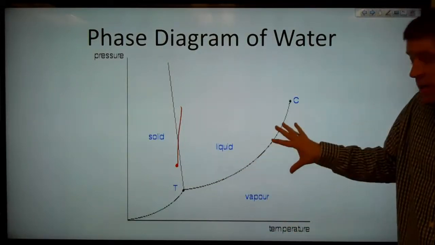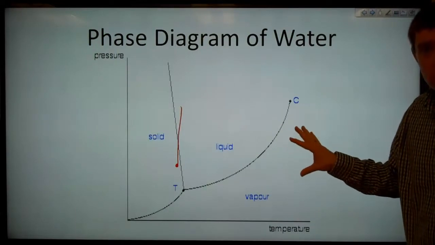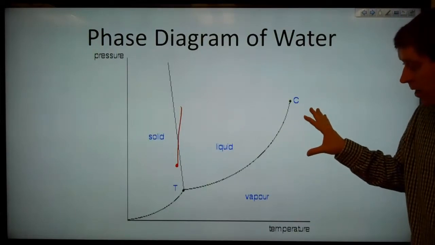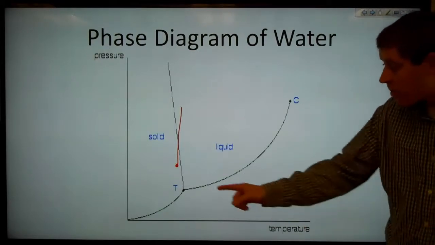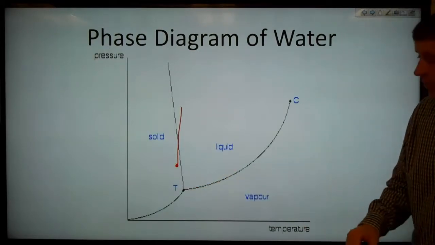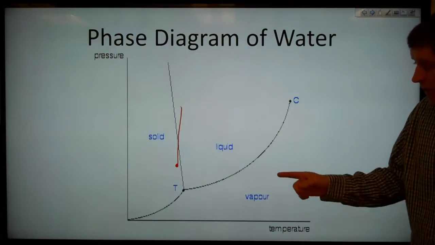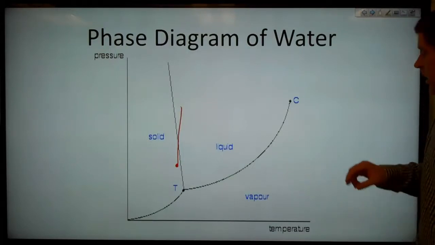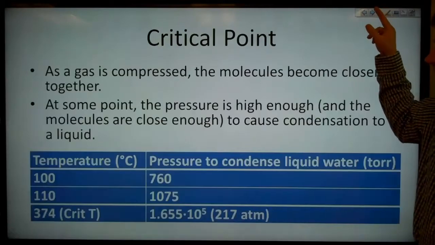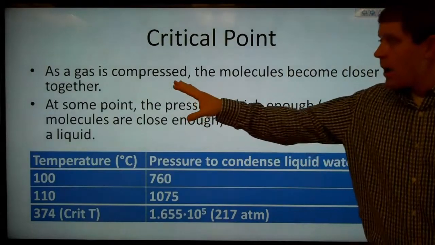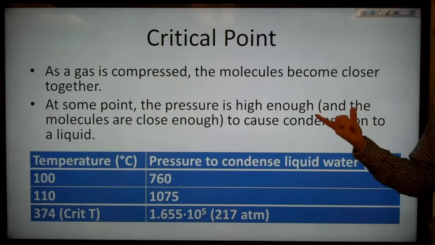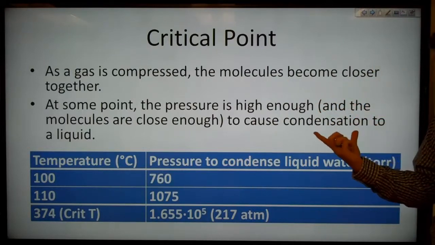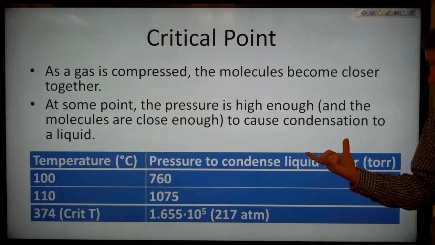Now note that the rest of the diagram has essentially the same general trend. We've got a triple point of water, we've got a critical point. The triple point of water is at 273.16 Kelvin. So, again, for the critical point, as a gas is compressed, the molecules become closer together. At some point, the pressure becomes high enough and the molecules are close enough to cause condensation to a liquid.